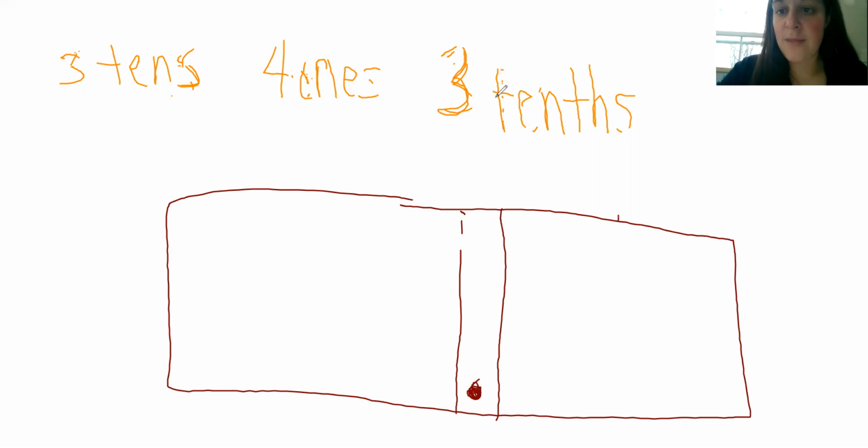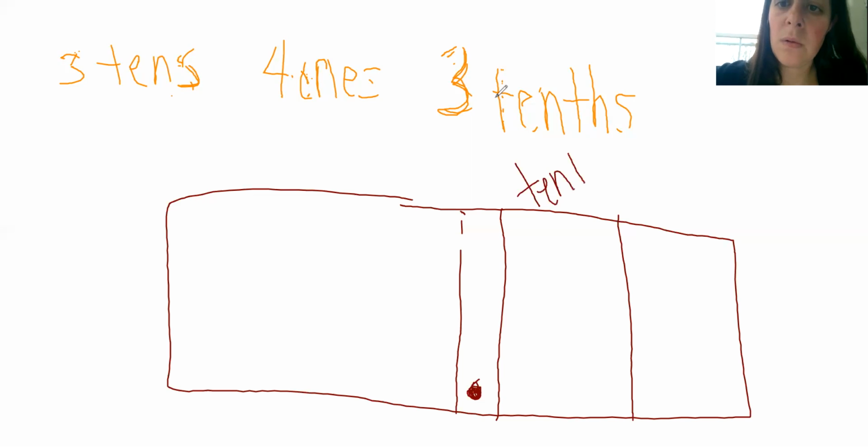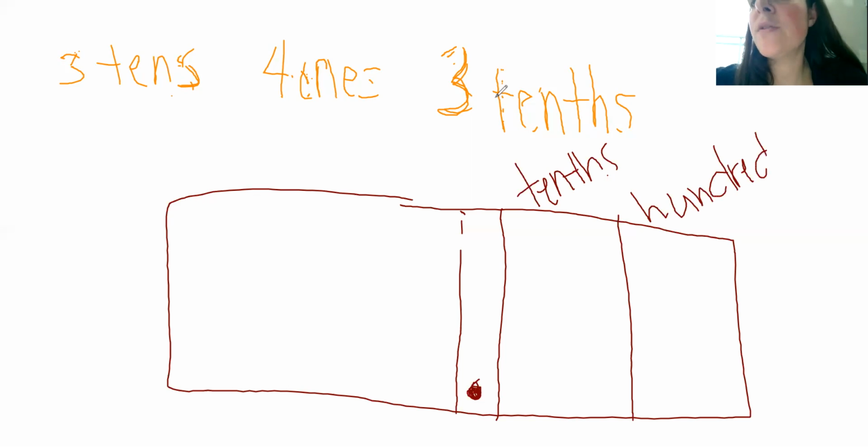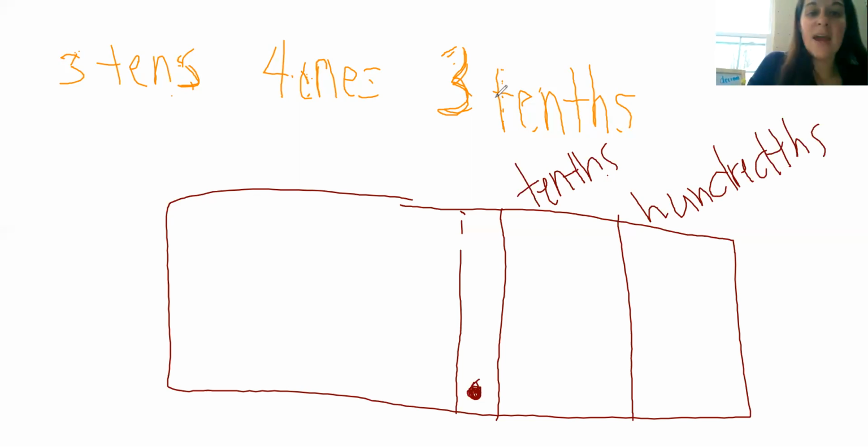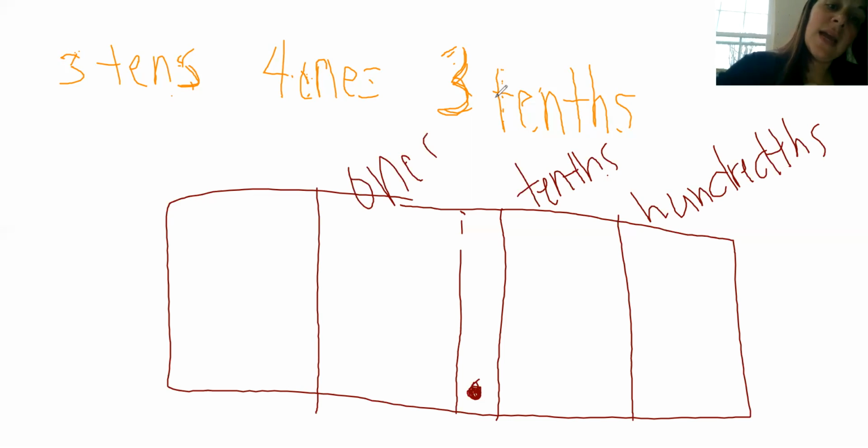Then I know that there are 2 spots after that decimal to the right, and they are called the tenths and the hundredths. And then beforehand, I have the ones and the tens.